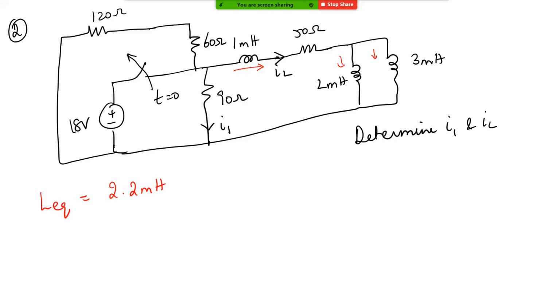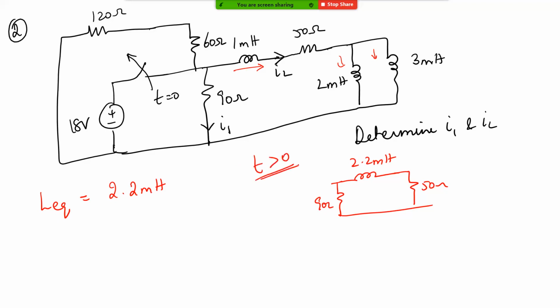Now if this is our L equivalent, what will be our R equivalent? We can redraw the circuit: you have a 2.2 millihenry inductor, and you have some 50 ohm, and you have some 90 ohm. Once you remove the source, this is the circuit after t greater than 0.